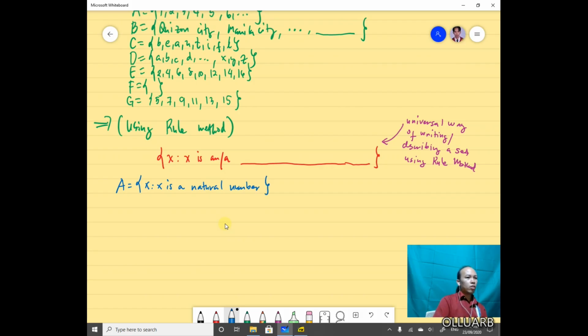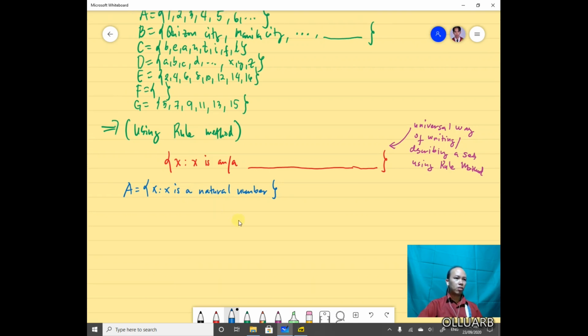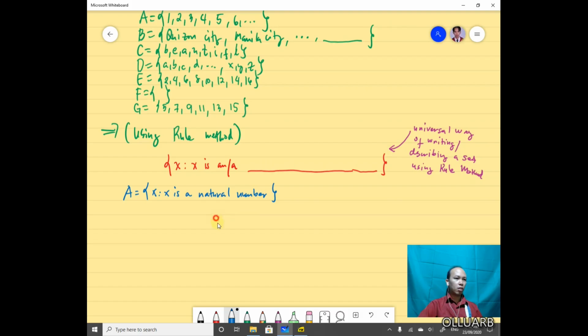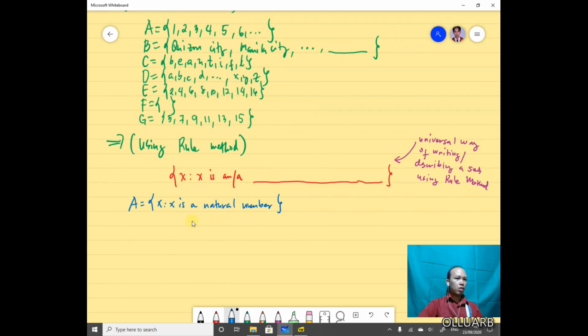Okay, so this is now our phrase. We have a consonant, so we partner it with a. X is not "is unnatural number." Just recall your English subject. So why do we have to write it this way?